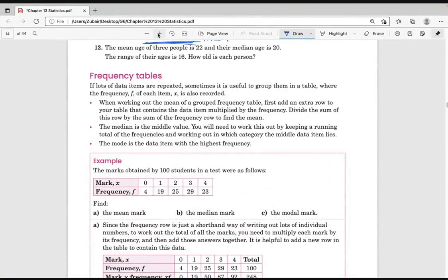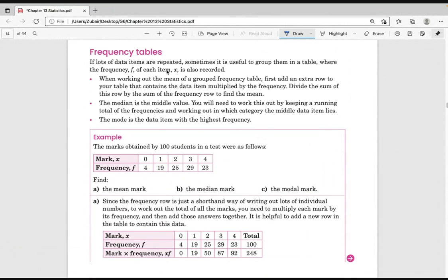Next topic, frequency tables. Have you studied probability? Yes, sir. Okay, somehow frequency tables would also reflect as probability tables. More the frequency means more the probability of that event to occur. Let's see if we have any comparisons or overlapping with probability in this chapter.